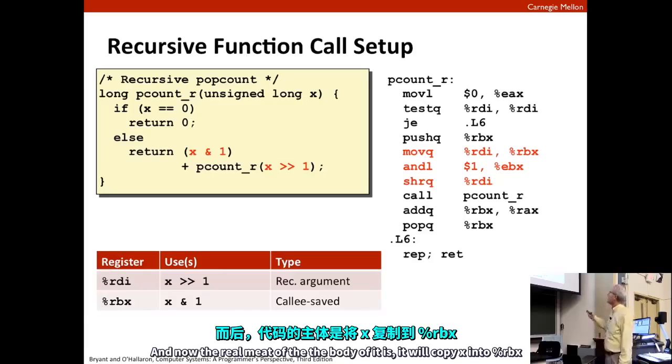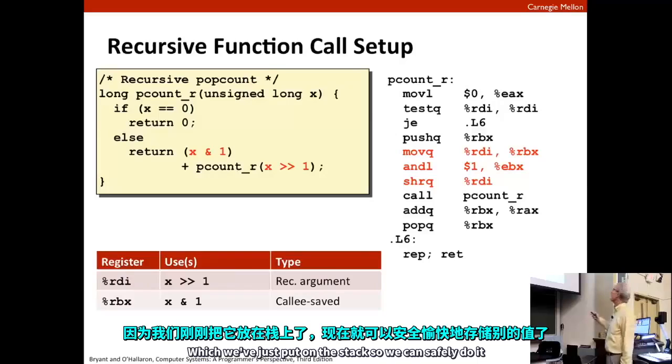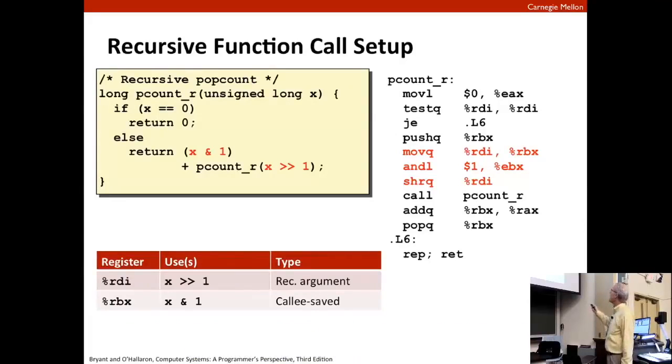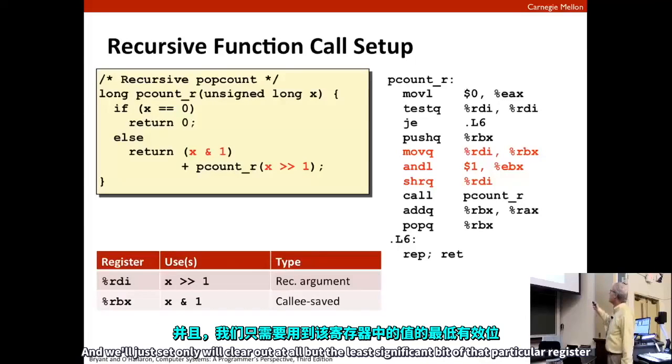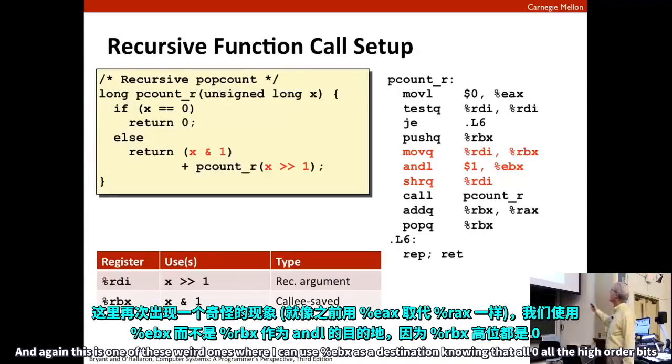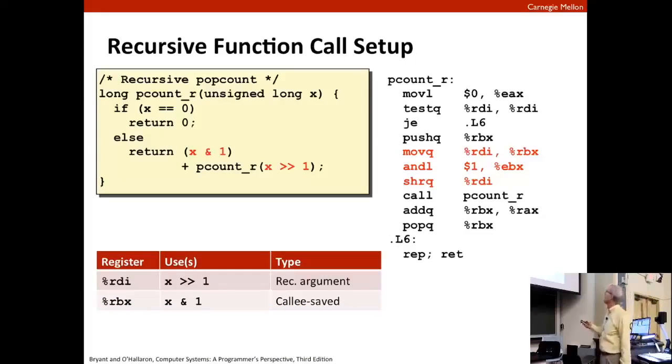And now the real meat of the body of it is it will copy x into RBX, which we've just put on the stack so we can safely do it. And we'll clear out all but the least significant bit of that particular register. And again, this is one of these weird ones where I can use EBX as a destination, knowing that I'll zero out all the high order bits.